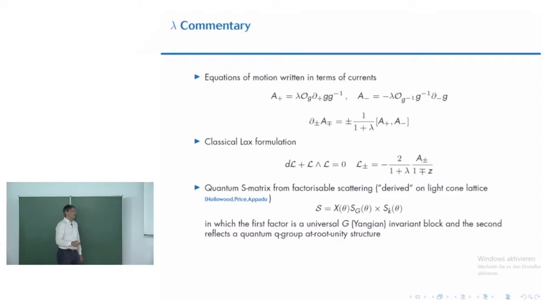There's a quantum S matrix, which can kind of be derived, actually. You can do a discretization. You get some spin chain. You can look at the excitations over the ground state of that spin chain, and you take a continuum limit, and you recover this S matrix.